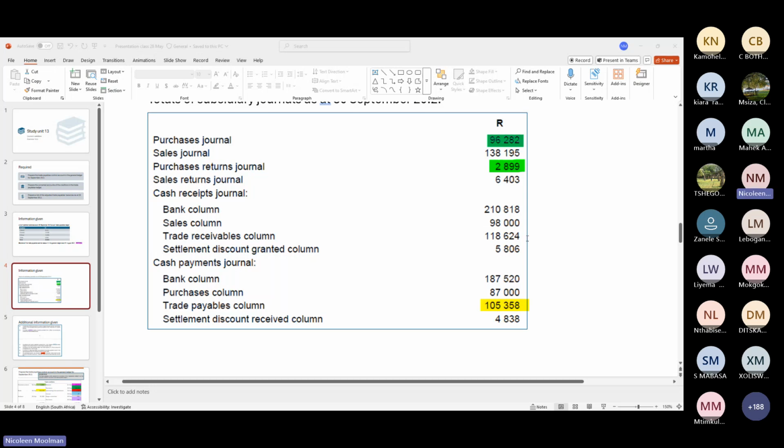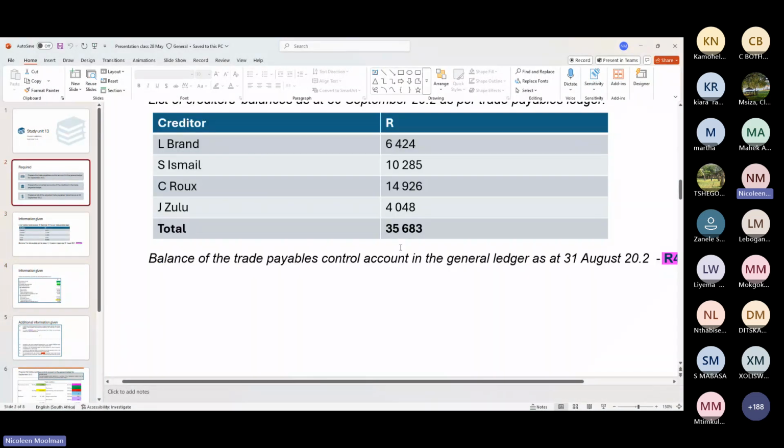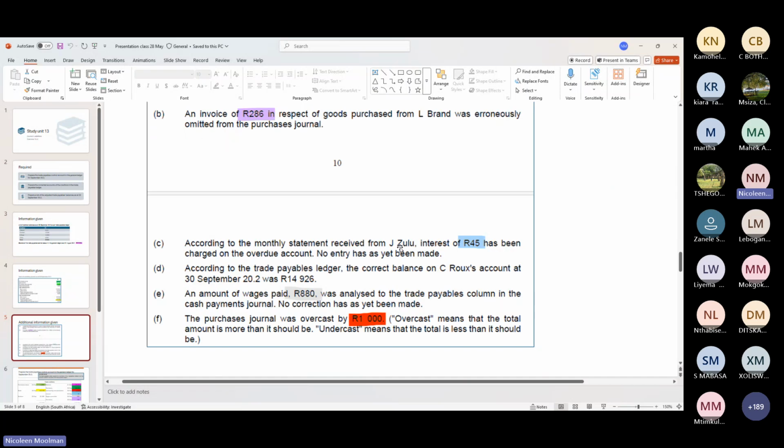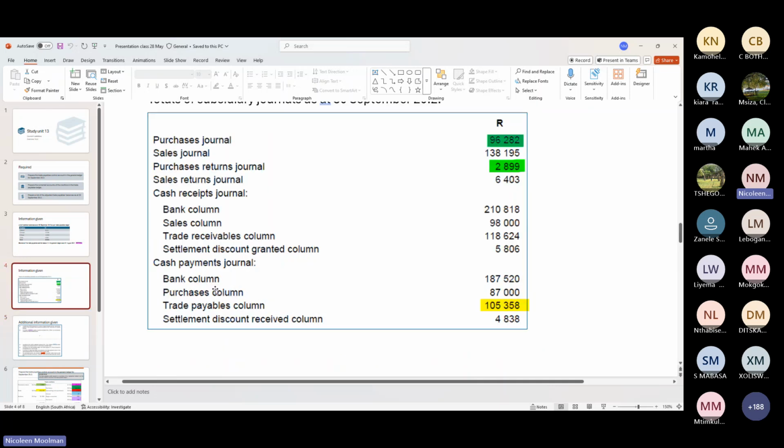And then someone is asking, why is the overcost of R1,000 on the credit side? So let me just go back here. The purchase journal was overcost by R1,000. So this means that this number here, the 96,282, is too much. It should have been 95,282. So that balance is wrong.